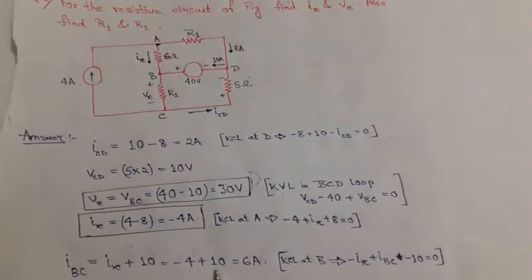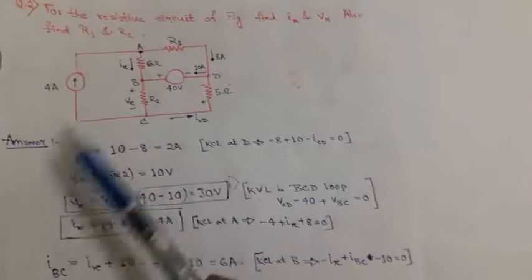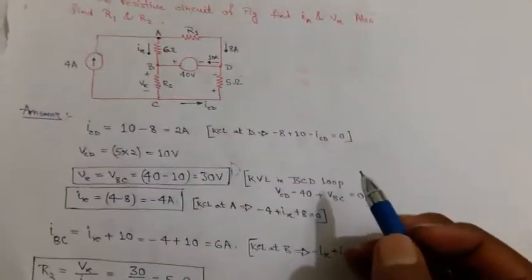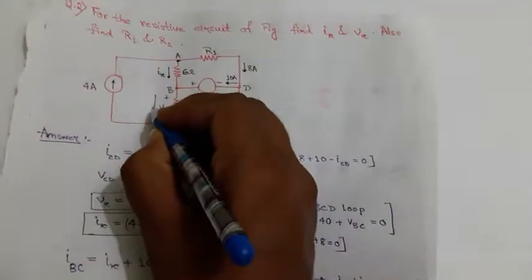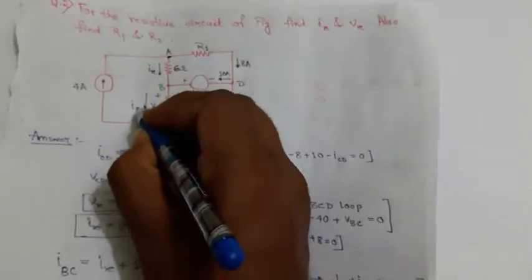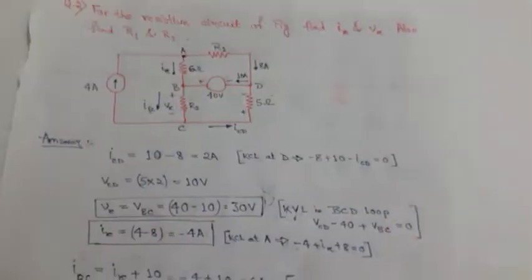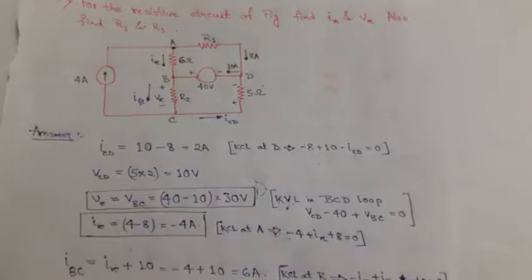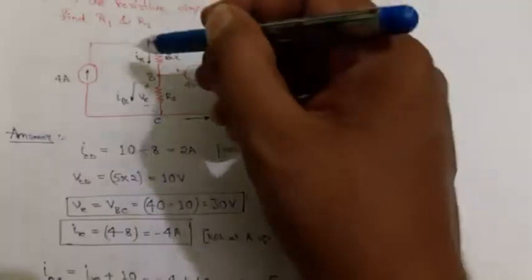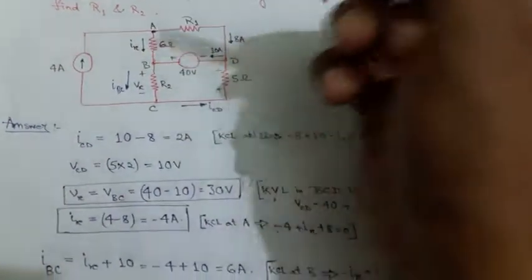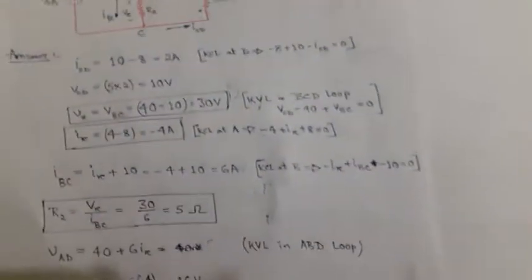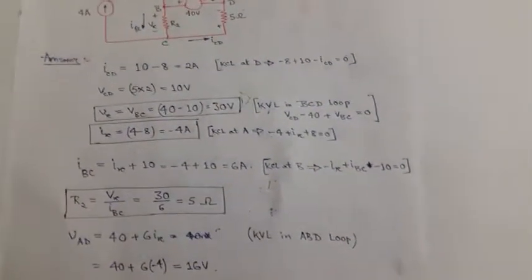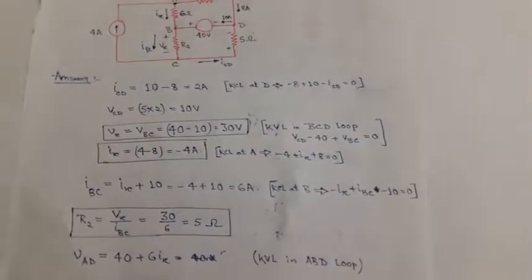Then minus 4 plus 10 is equal to 6 ampere. That means the direction of IBC is this only, as 6 ampere is positive. That means it is leaving the node B. Clear?